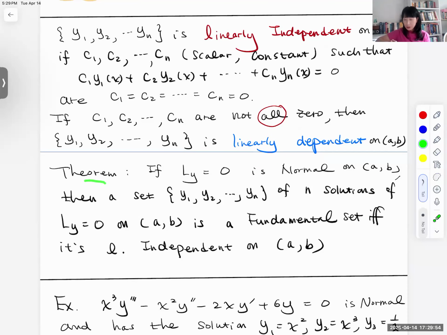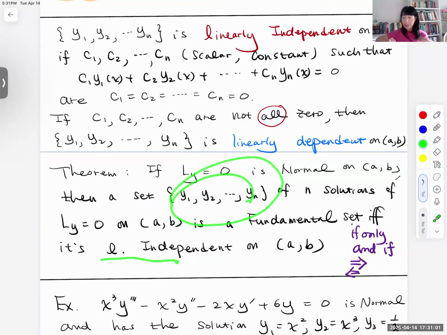That means going in this direction makes a true statement, and going in this direction also makes a true statement. So if it's linearly independent on an open interval, then this is true, and if this is true, then this is linearly independent. That is how IFF works. Make sense?